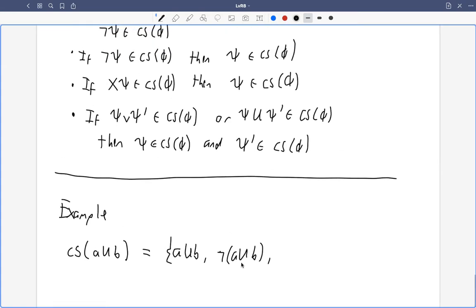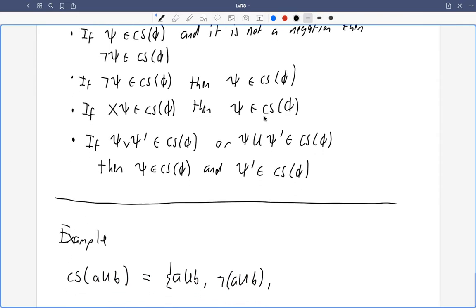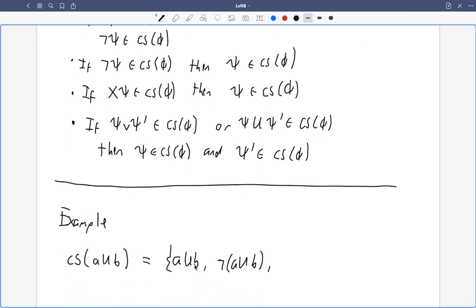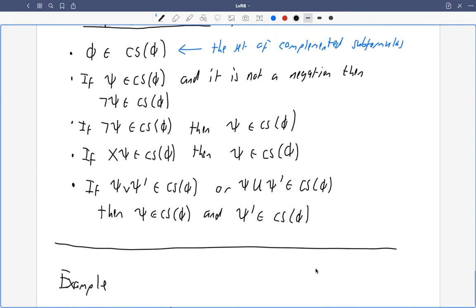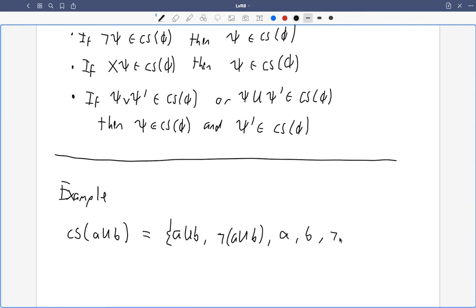By this rule A until B needs to be in, but it already is. From A until B being in, we have that both A and B belong to the complemented subformulas. And then again by the clause about negations, putting psi to be firstly A and then secondly B, their negations also go in. And that's the end of the complemented subformulas. By applying any of the other rules, we don't get any more formulas. And one can easily construct this algorithmically.